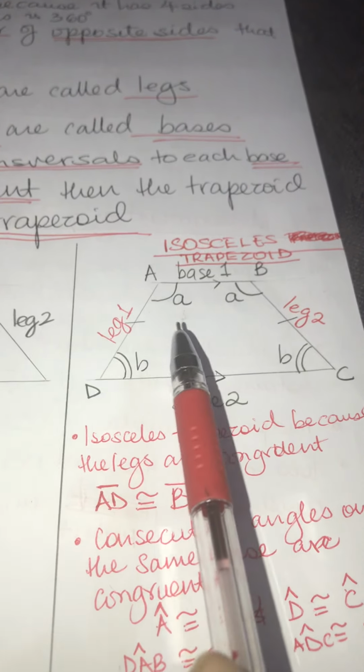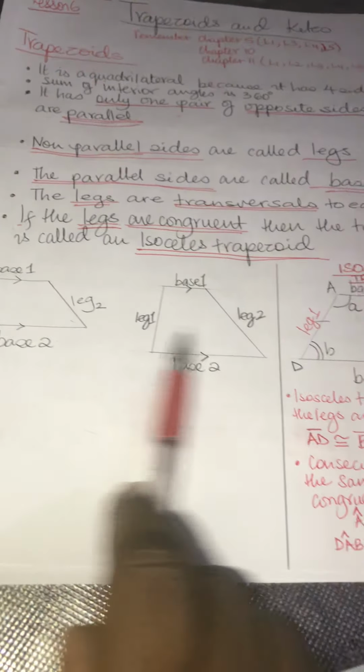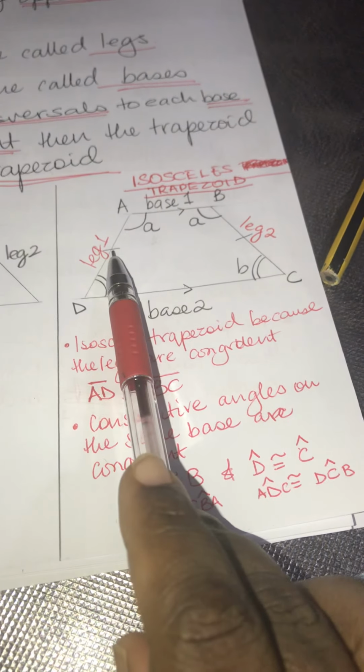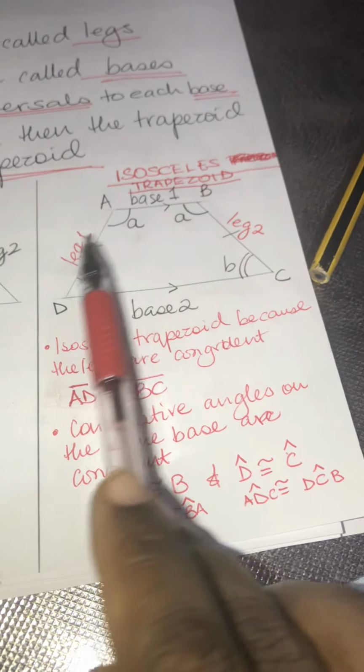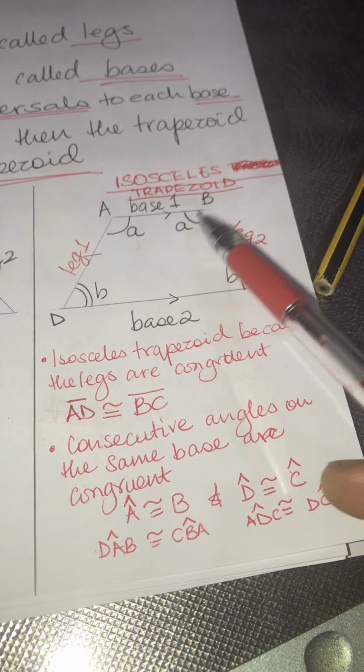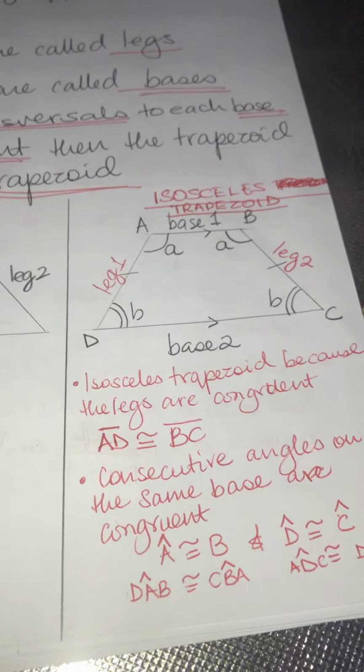Now, if you look at this picture, it is different from these 2 pictures. Why? Because we put the congruency marks, the tick marks that show congruency. So we are saying AD is congruent to BC. Now, the isosceles trapezoid has more properties that you need to know. We have said these are the bases and these are the legs. Okay?